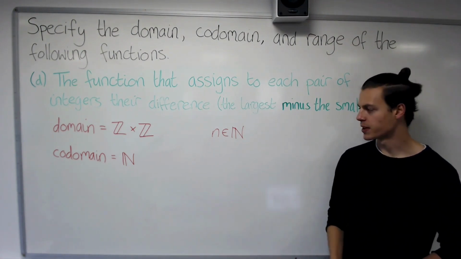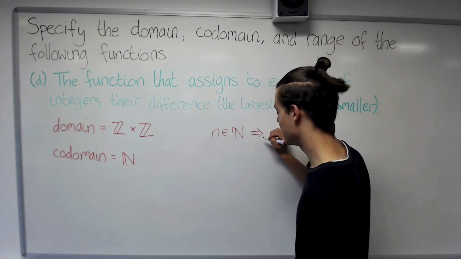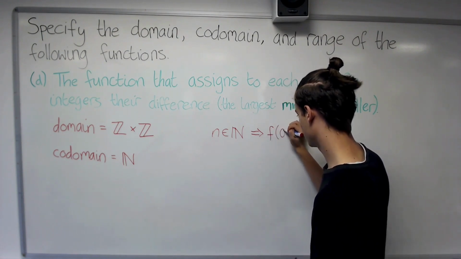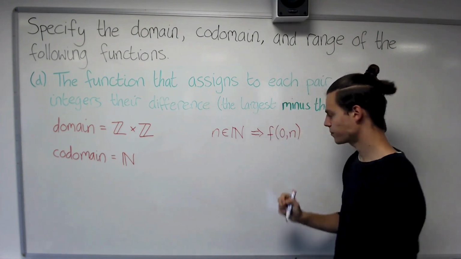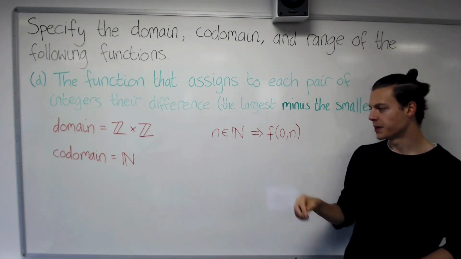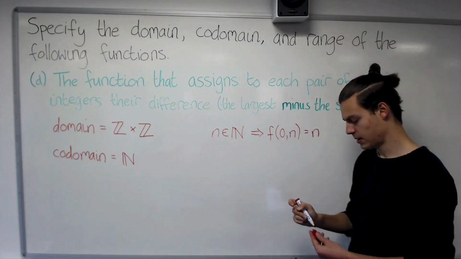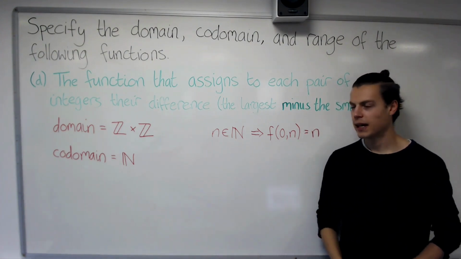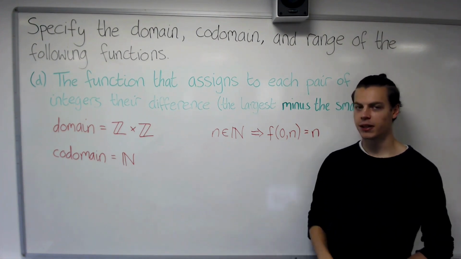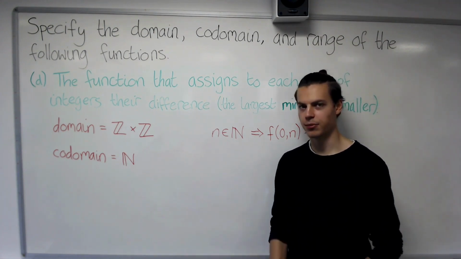Now we can apply this function to the pair (0, n), and this will output the difference between n and 0, which is n. Now, since n is just an arbitrary natural number, this shows that this function can output any natural number, and so the range of this function is the natural numbers.